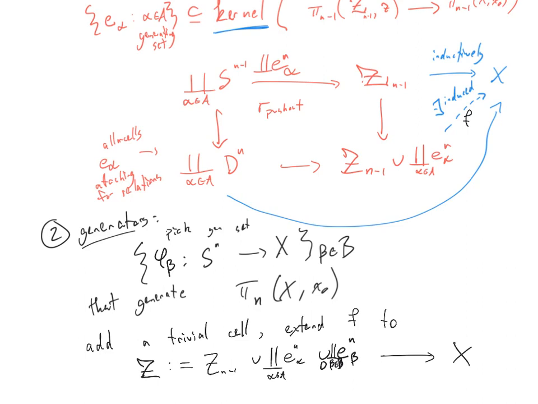And so I want to extend this so that on each of these, this is the map phi beta, because each of these E n cells looks like a copy of S n. So let's go to the next page and summarize that. What we have done is we are taking Z n minus 1.